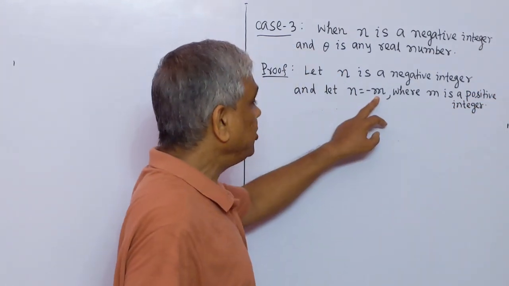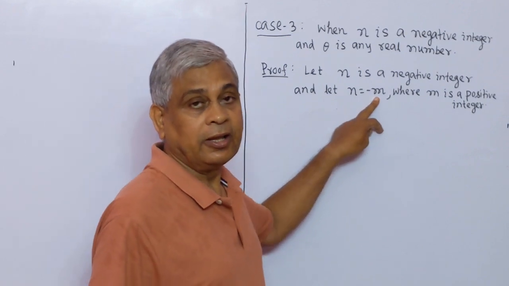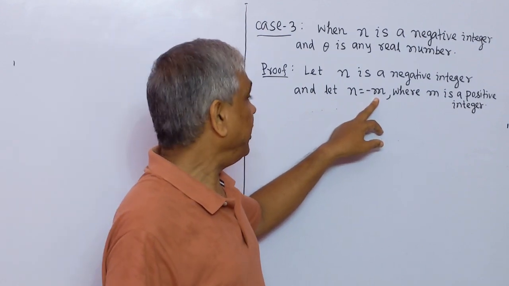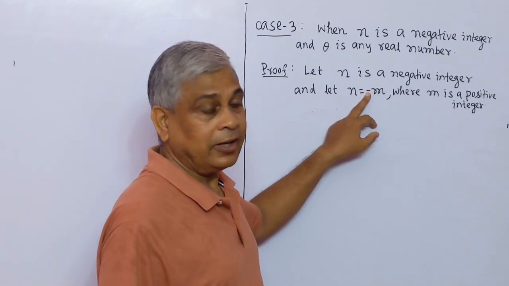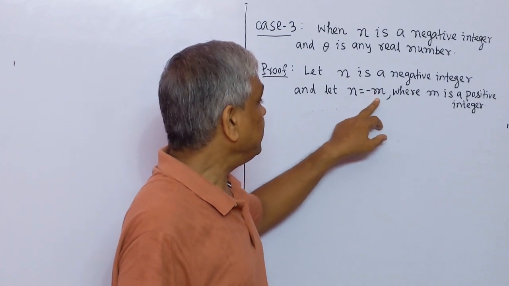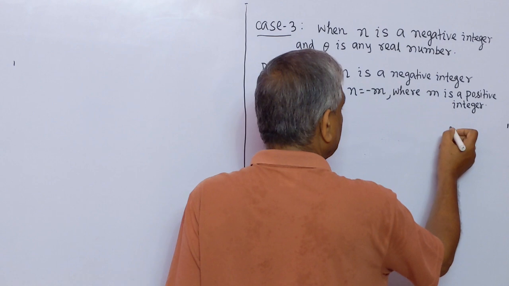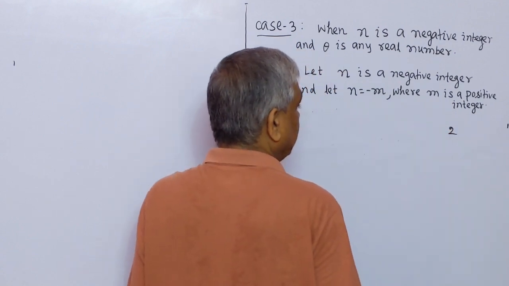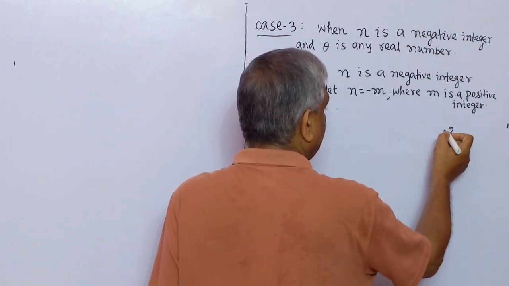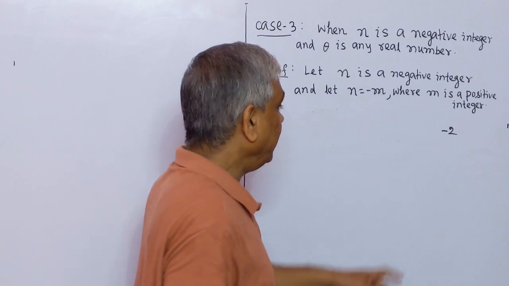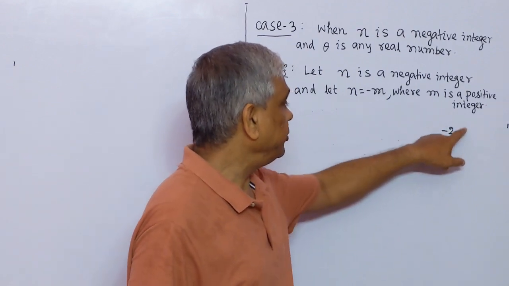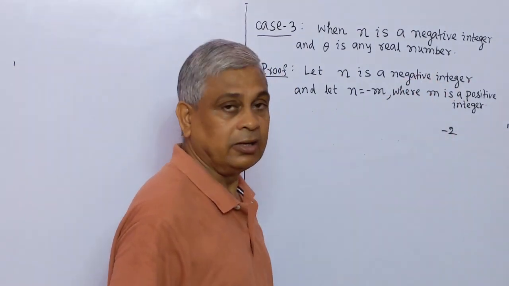If m is a positive integer, then if we apply negative sign here, it will be changed into a negative integer. For example, let 2 is a positive integer. If we put negative sign here, then this integer will be a negative integer.